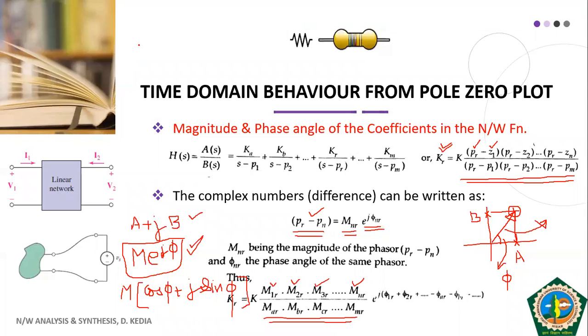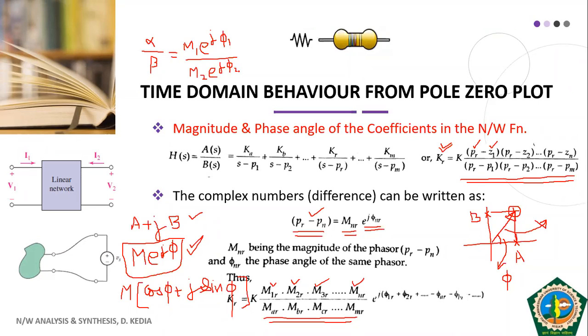And I hope you know this thing, that if we have two complex numbers, one in the numerator and another in the denominator, which can be represented like, say, m1 e raised to power j phi 1, and the denominator is represented by m2 e raised to power j phi 2.